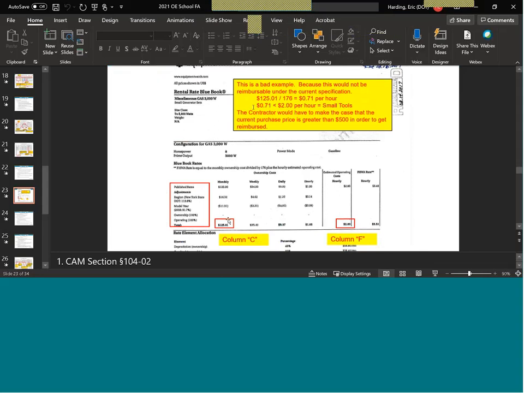You can see down here that the monthly ownership cost is $125.01. All these rates are divided by 176, giving you an hourly rate of only 71 cents, which is less than the $2. Therefore, this is considered small tools.